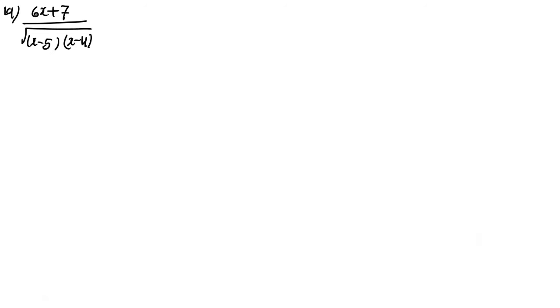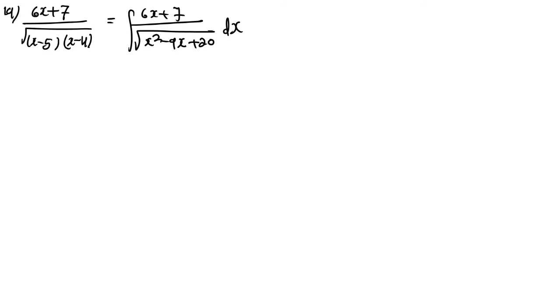See the next question, (6x plus 7) divided by square root of (x minus 5)(x minus 4). It's equal to integration of (6x plus 7) divided by square root of x square minus 9x plus 20 into dx.